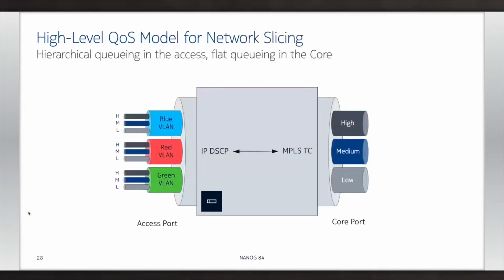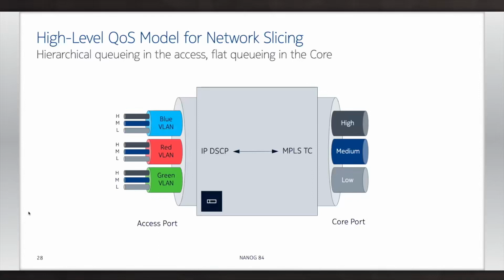So if we look at how that looks from a router perspective, you're going to have all the slices, all the VLANs, where we apply hierarchical QoS. So hierarchical queuing with high, medium, low priority traffic coming into the different VLANs. They're going to be coming marked with the DSCP.